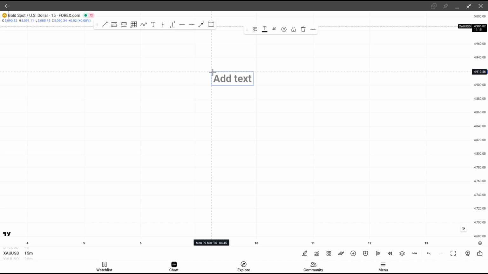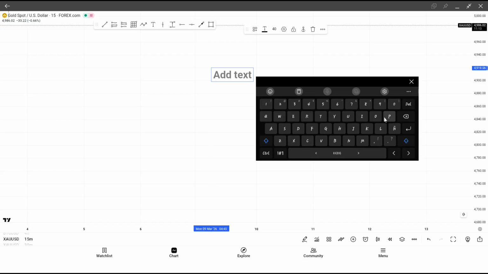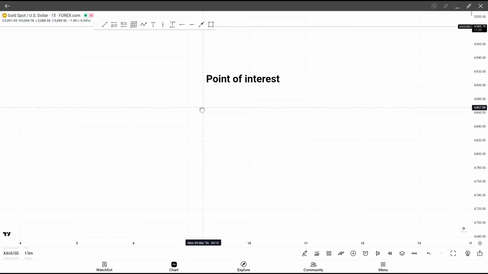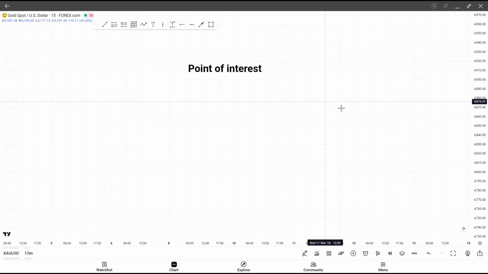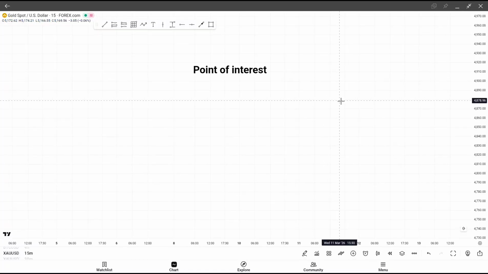Let me type it here for you to understand what I'm talking about. Point of interest. What is a point of interest? A point of interest is a place in the market where there are as many orders as possible, where the market needs to execute orders.